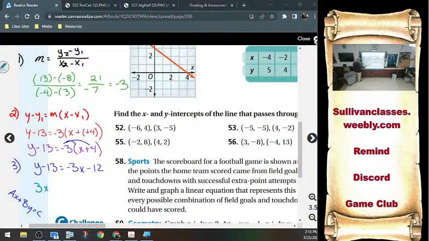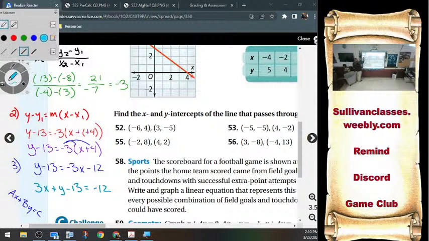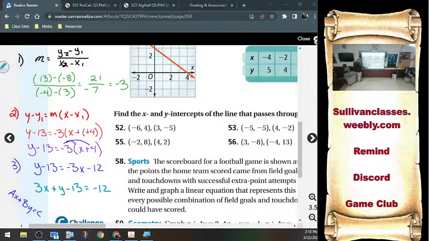It's not like terms with anything, so it just stays there. Non-x stuff to the other side. I'm going to add 13 over. I'm in standard form. I even got integer coefficients. Wasn't required of me, but it was nice.